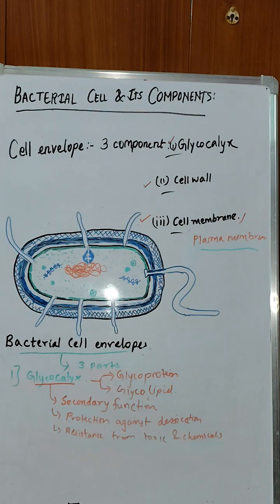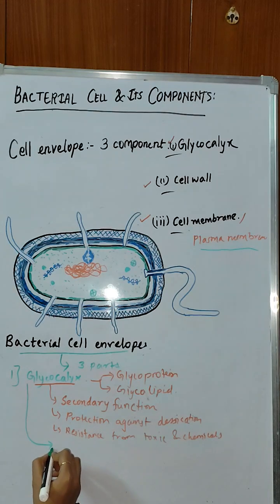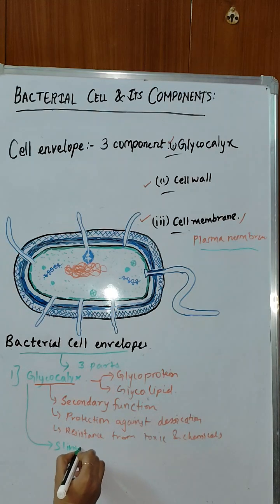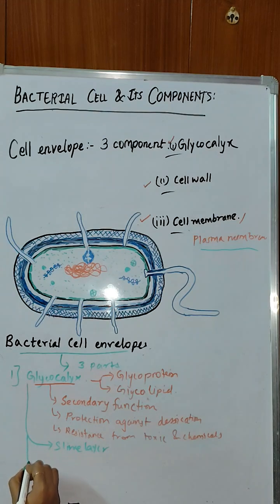Now this glycocalyx is of two types. If it is loosely bound to the cell wall, it is known as slime layer, and if it is thick and bound tightly to the cell wall, it is known as capsule.